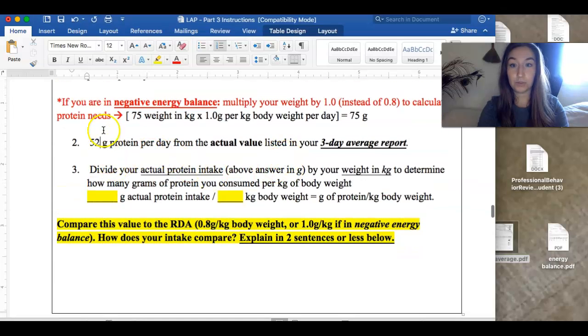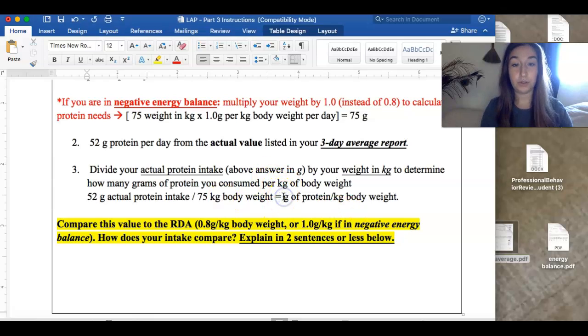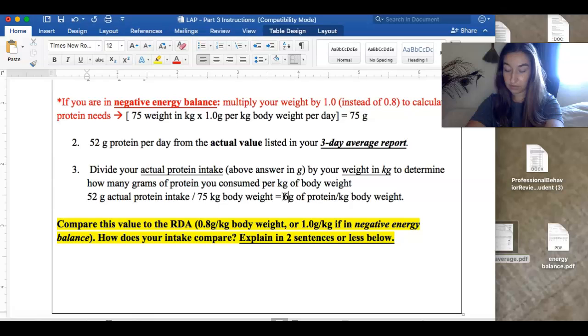So my actual protein intake divided by my weight to figure out how much I consumed per kilogram. So 52 grams divided by 75 equals about 0.69. I'm going to do 0.7.